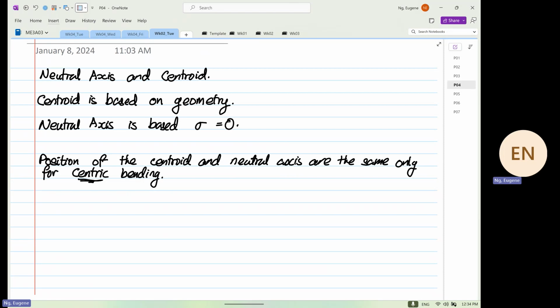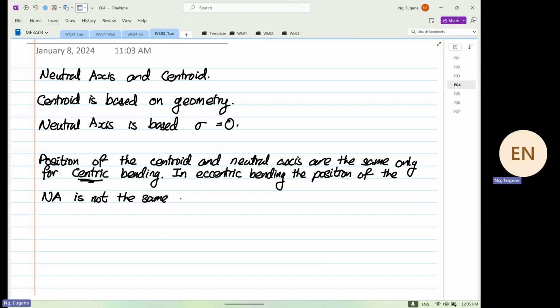Otherwise, it will not be the same. In eccentric bending, the position of the NA, neutral axis, is not the same as the centroid.